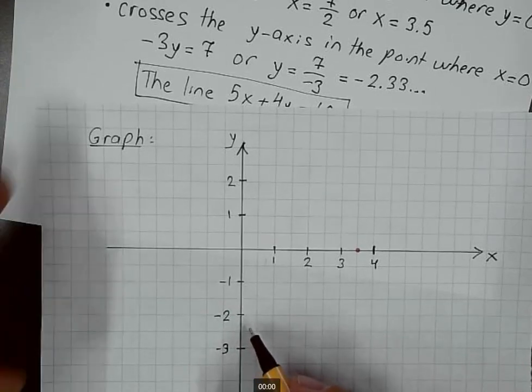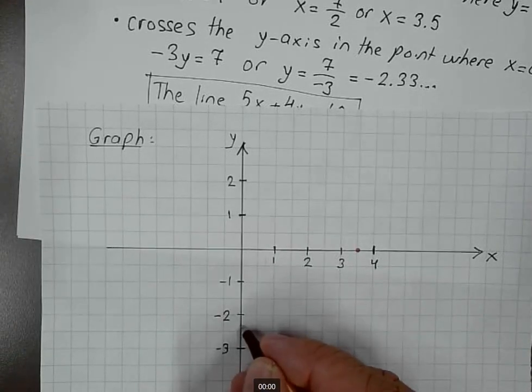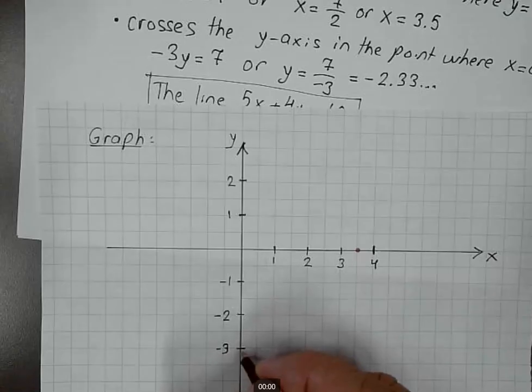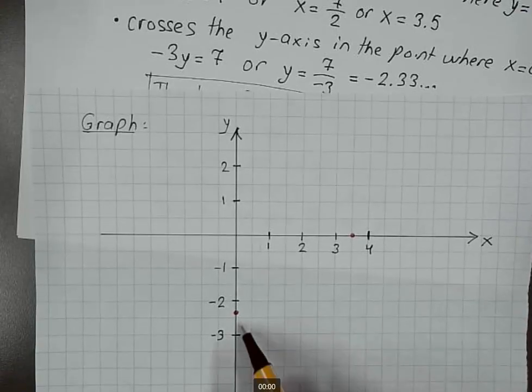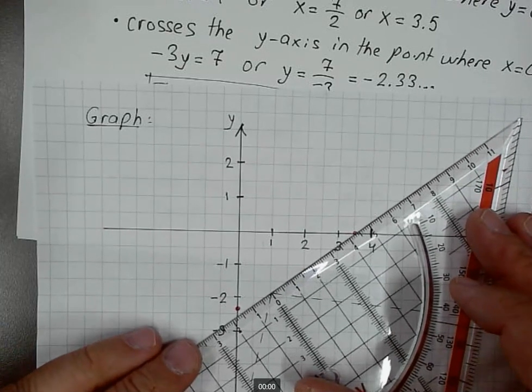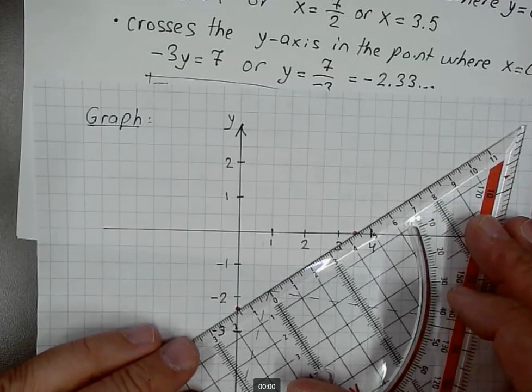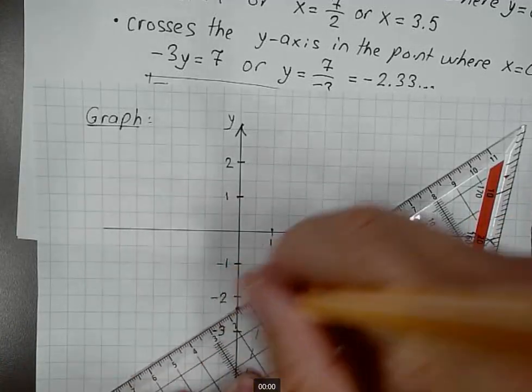So the -2.33 is about, it is 1/3 of the two boxes there. It is about here, -2.3. So the line goes about here.